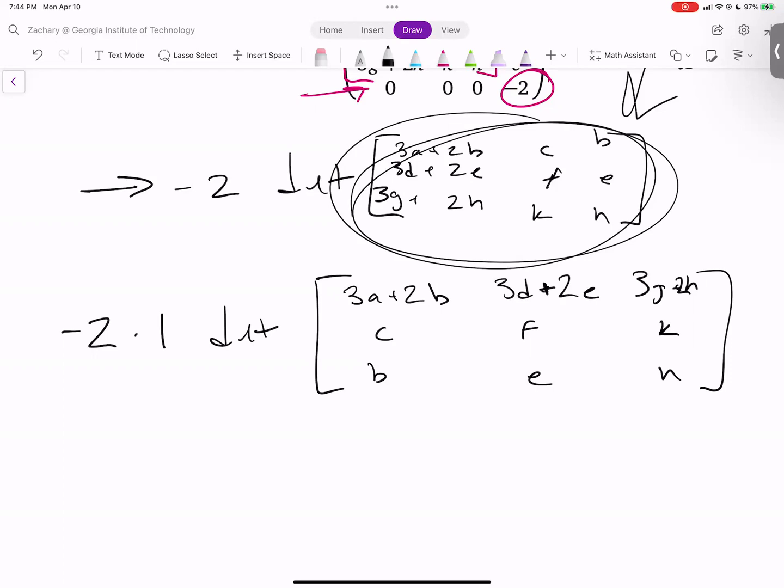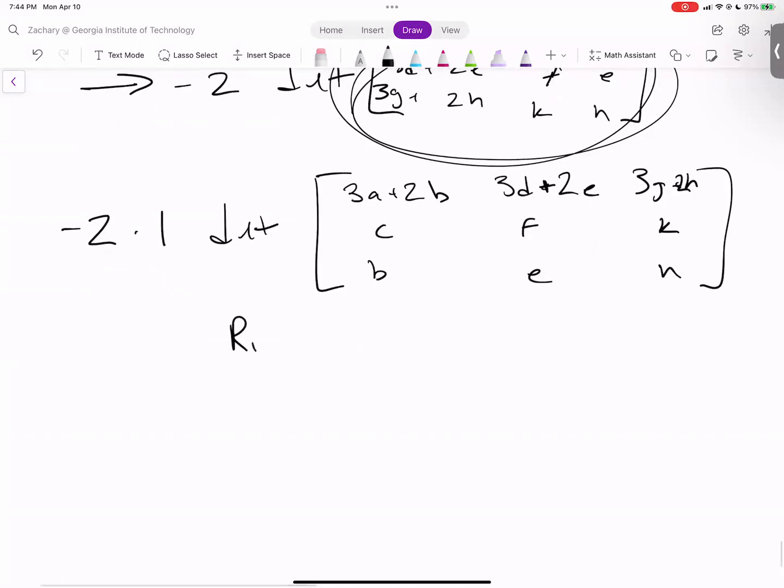So what's something we can get rid of here? Yeah. How do we get rid of it? Or like, you don't. We don't need to do anything to the determinant, but how do we get rid of that? We just subtract this row times 2, right? Okay. So I'm going to write this as row 1 equals row 1 minus 2 row 2. What does this do to my determinant? Nothing.